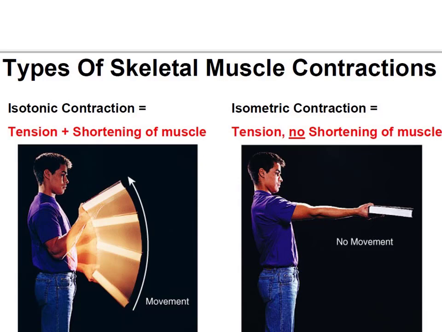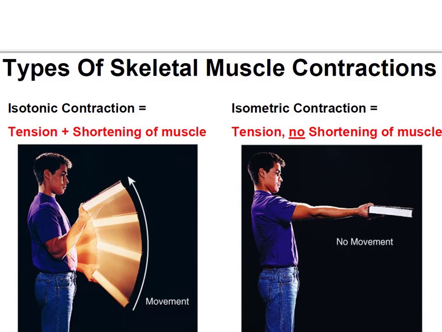Now, almost any kind of work that you do is going to involve both. And again, let's talk about the curl. You're in the gym, you got a barbell with some weights on it. When you first start engaging your muscles, we're going to use the fewest motor units possible, right? Those first few motor units probably are not going to be sufficient to move the weight and shorten the muscle.